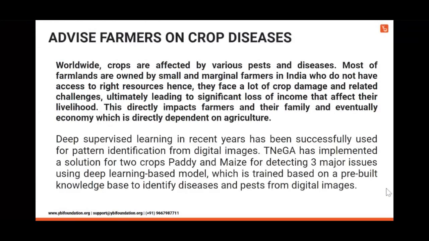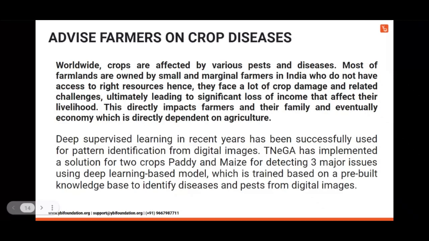Another use case is advising farmers on crop diseases, right? This is again very fundamental, very close to the people at large, especially in India, where we have so much diversity in agriculture and cropping patterns. We are also an agriculture-dominated country, where more than 45% of people are directly involved in agriculture.